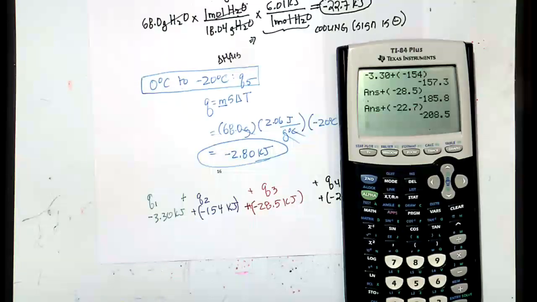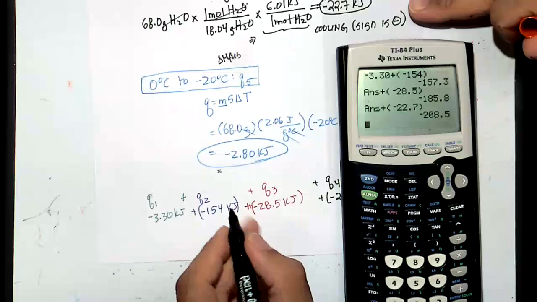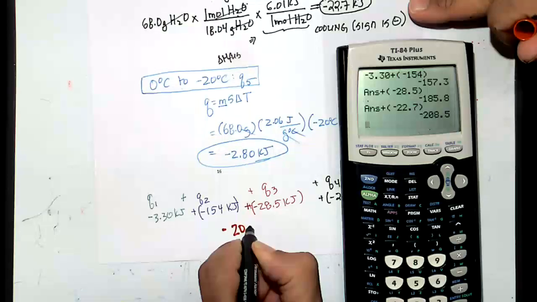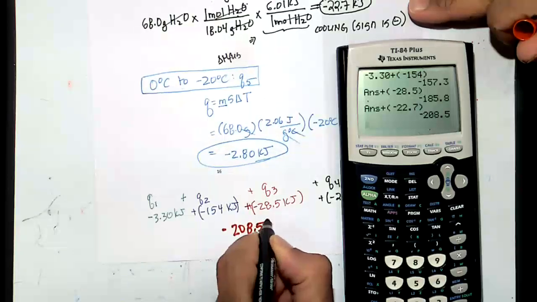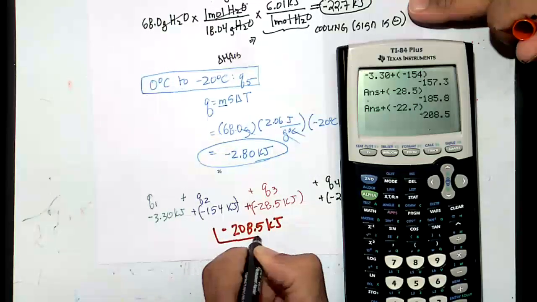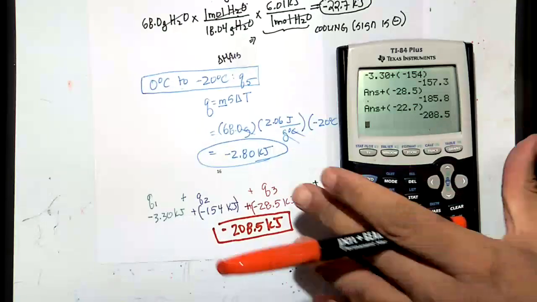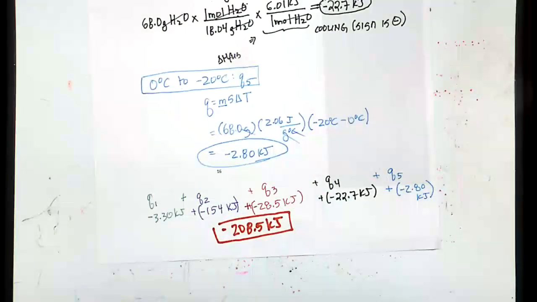All right. Don't forget the minus sign. We're adding all these 5 heats. So can we do this on an exam?